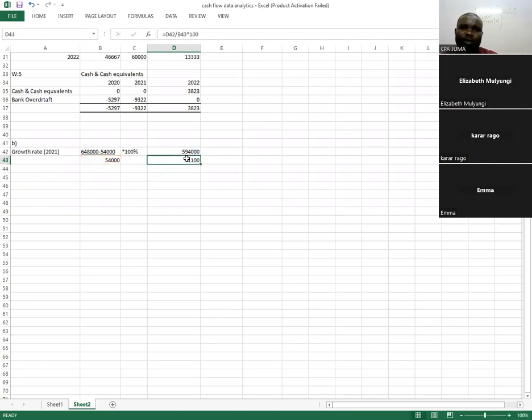Why is my answer becoming wrong? Oh, I have put so many zeros. Remove one zero there. So that is 64,800 minus 54,000, equals that.